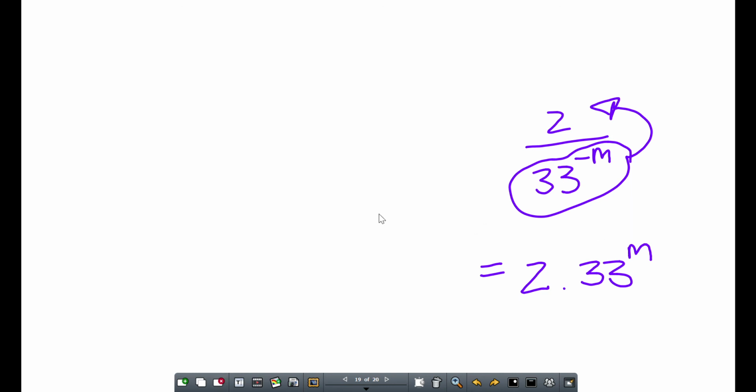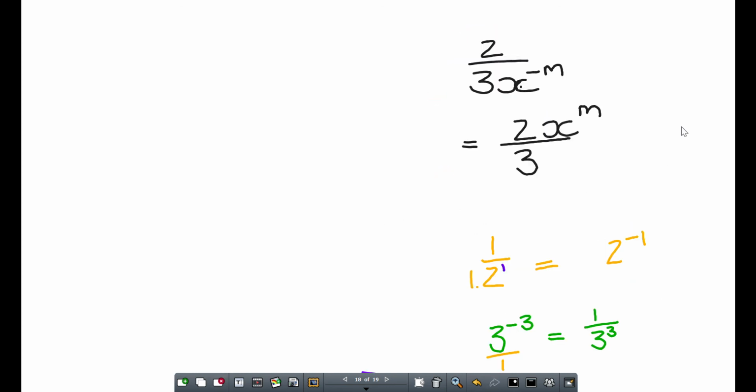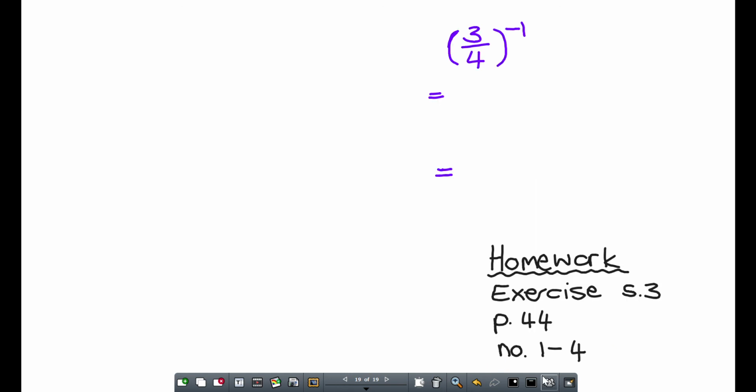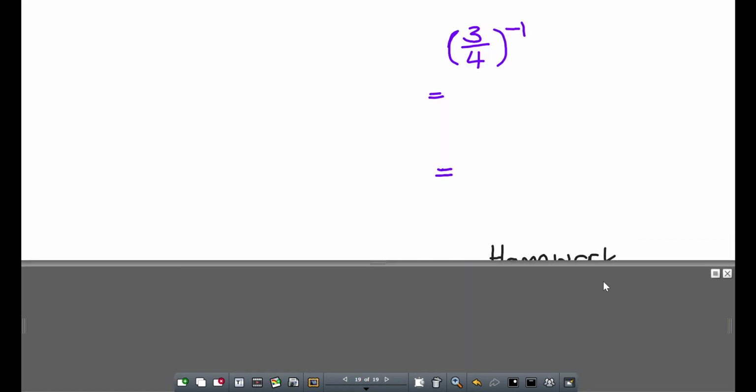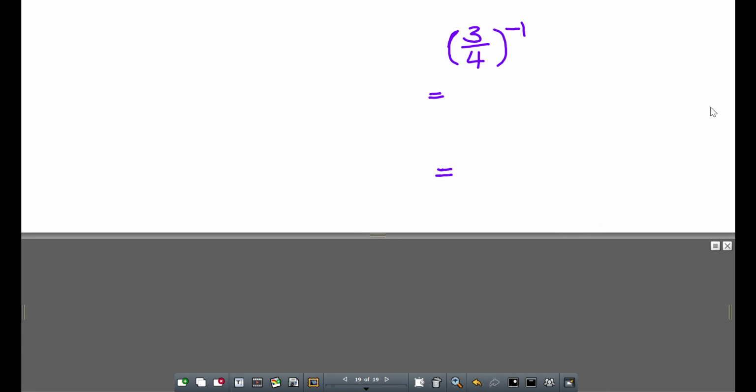Right. So is everyone fine so far? Okay. Last example. Over here, when I've got a bracket to the power of minus 1, now that power actually applies to everything inside the bracket. Do you guys agree? So this is the same as 3 to the power of minus 1 over 4 to the power of minus 1.